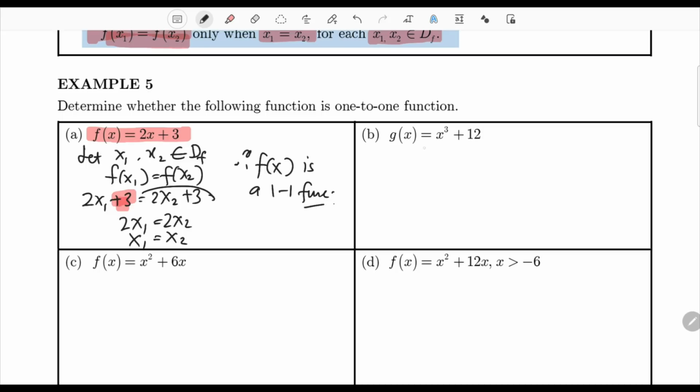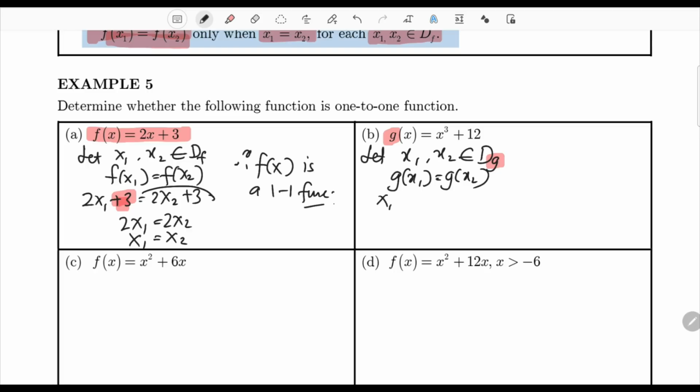Similarly for b, again let x1, x2 be elements of the domain of G. The function here is G, so of course the domain of G. Don't put F here instead. So we have G of x1 equals G of x2.